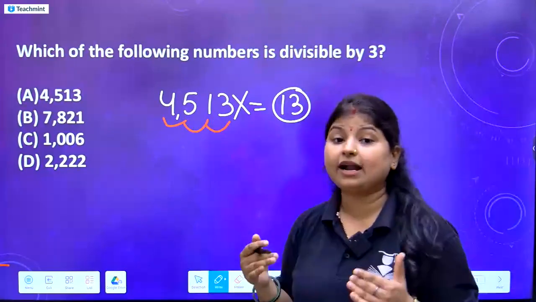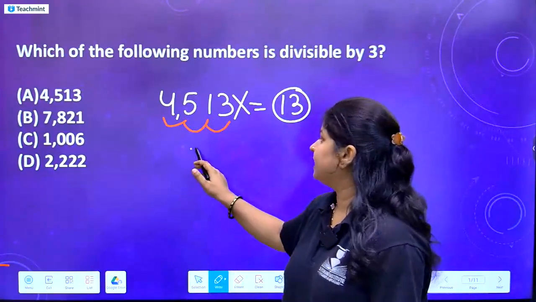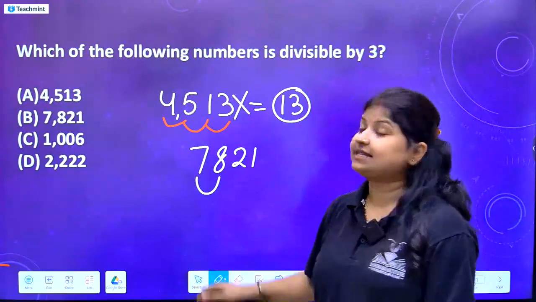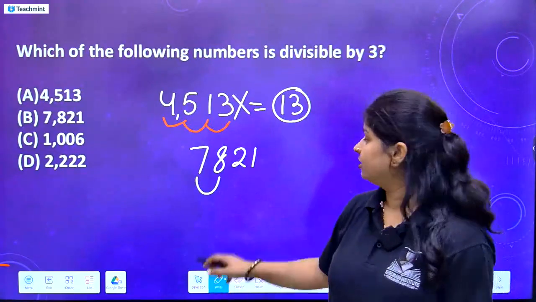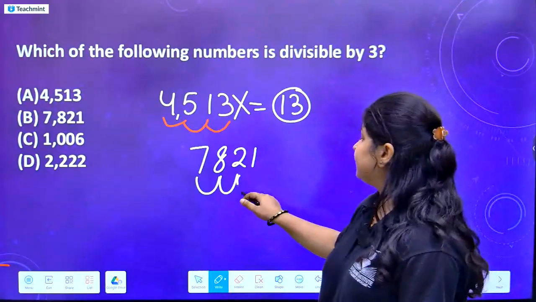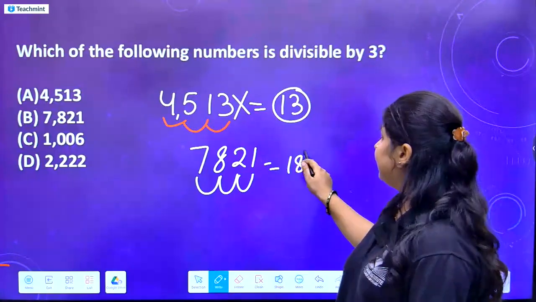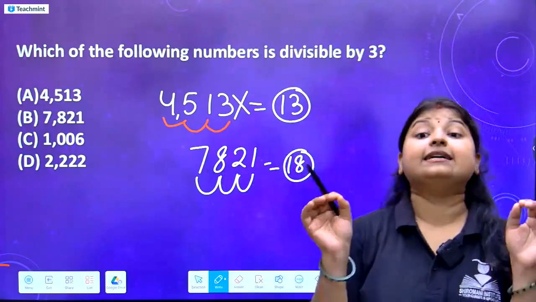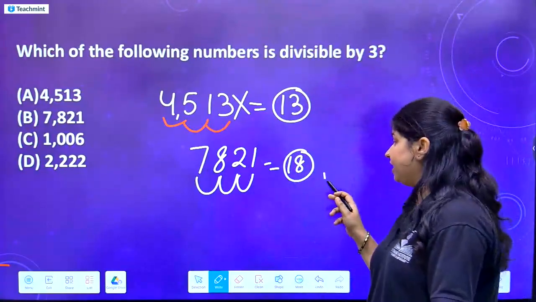Now we will move to our next option. 7821. 7 plus 8 is 15. 15 plus 2 is 17. And 17 plus 1 is 18. Yes, 18 is divisible by 3.